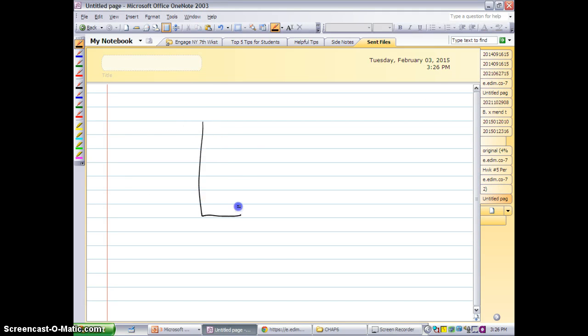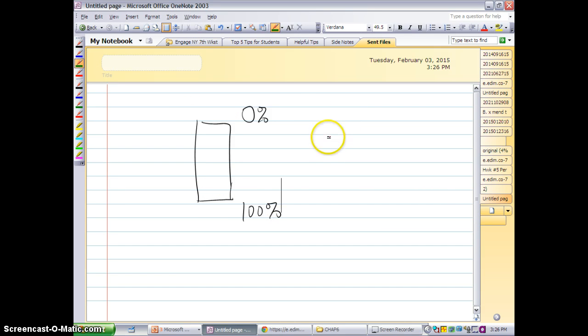So let's just say that I have this bar, and if nothing is here, then it would represent 0%. If I filled up the entire bar, it would represent 100%. And let's just say I have a question where 12% of 30 is what?